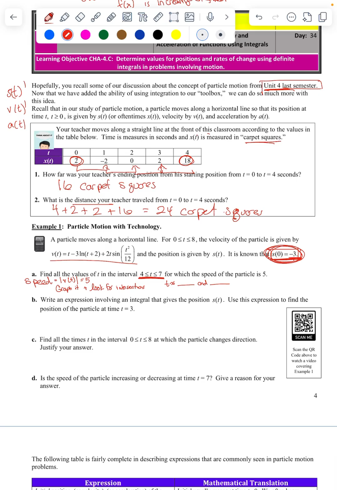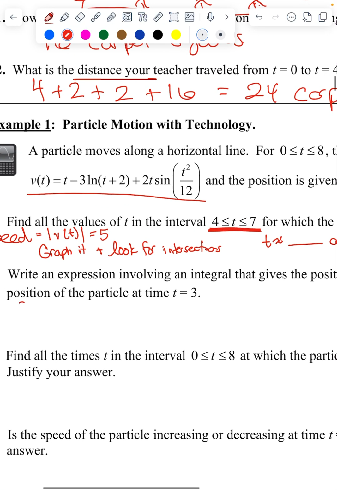So we have to take into account that the position is the integral from 0 to t, where t always has to be greater than or equal to 0, of the velocity function, v of t.